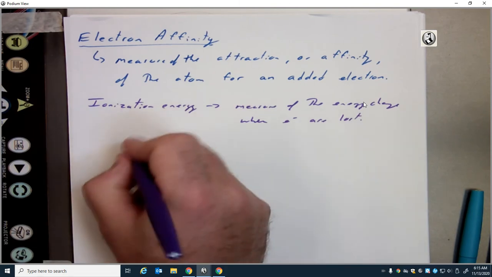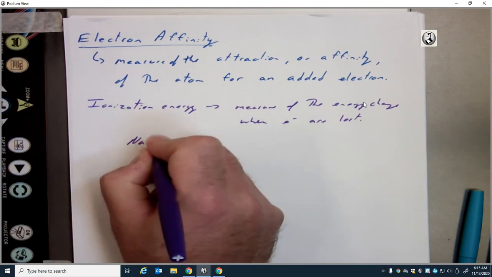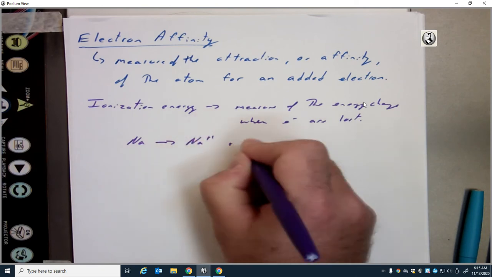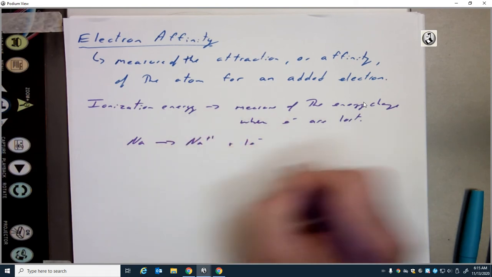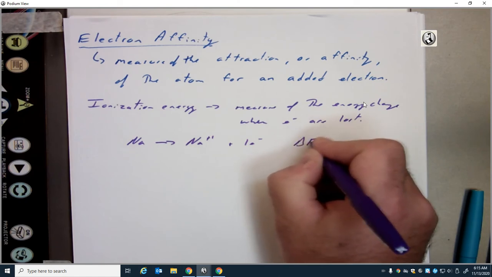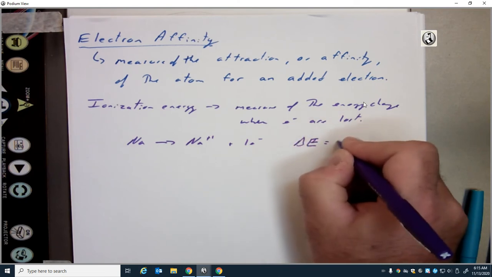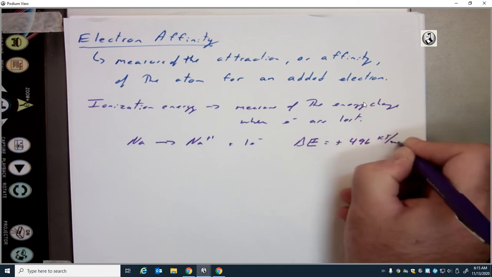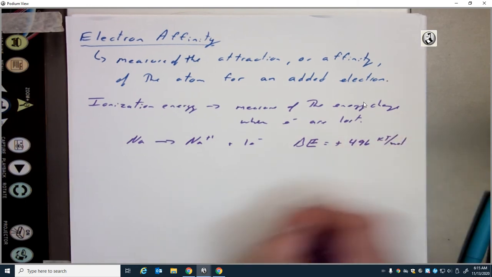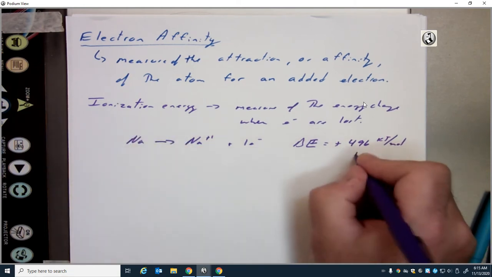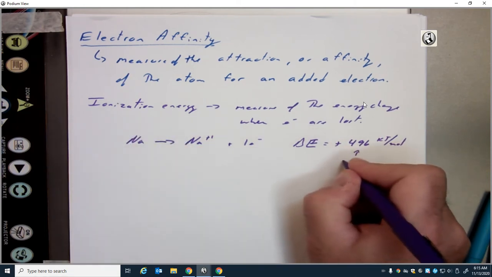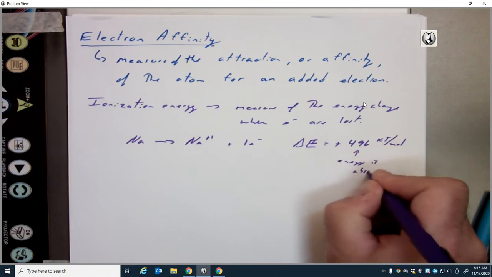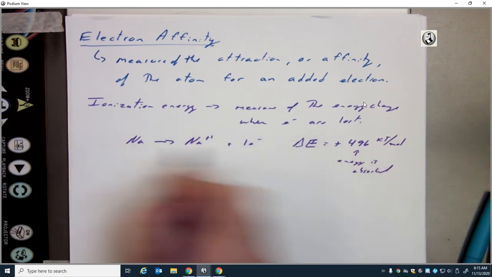So for example, when Na becomes a cation and loses that one electron, its change in energy is equal to positive 496 kilojoules per mole. So to do this, energy is absorbed. That's what the plus sign means. So this is ionization energy.